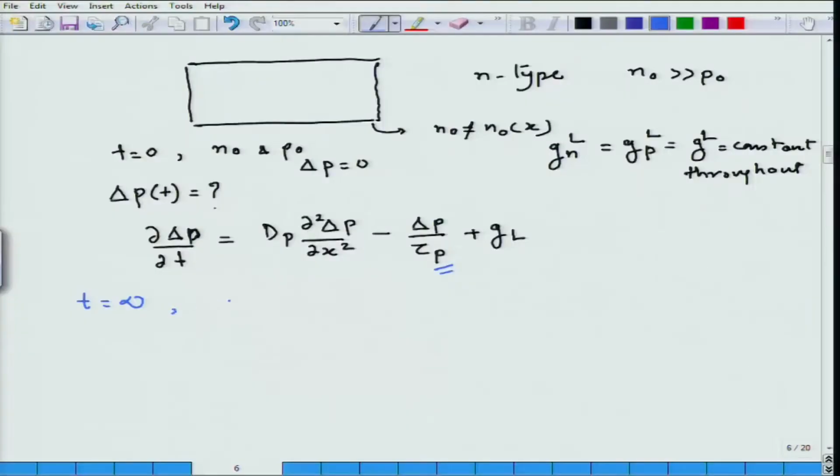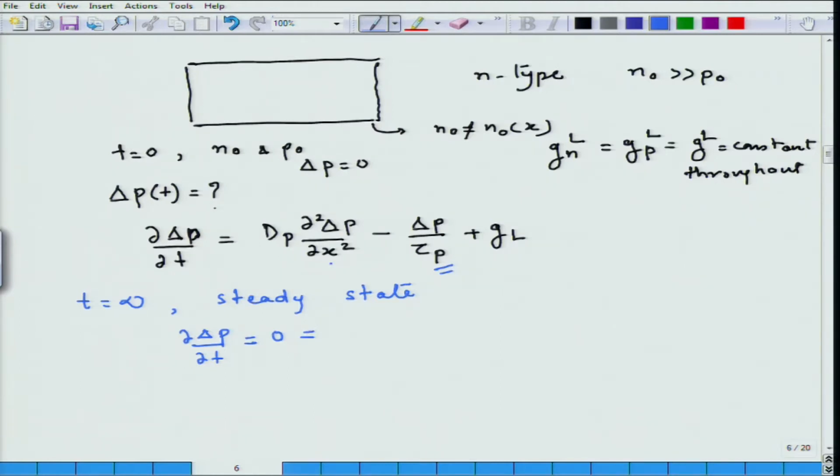So, if I look at that situation in a steady state, T is equal to infinity, basically I am saying this is going to be 0. So, there is no change with time in a steady state. What is happening to the first term here?